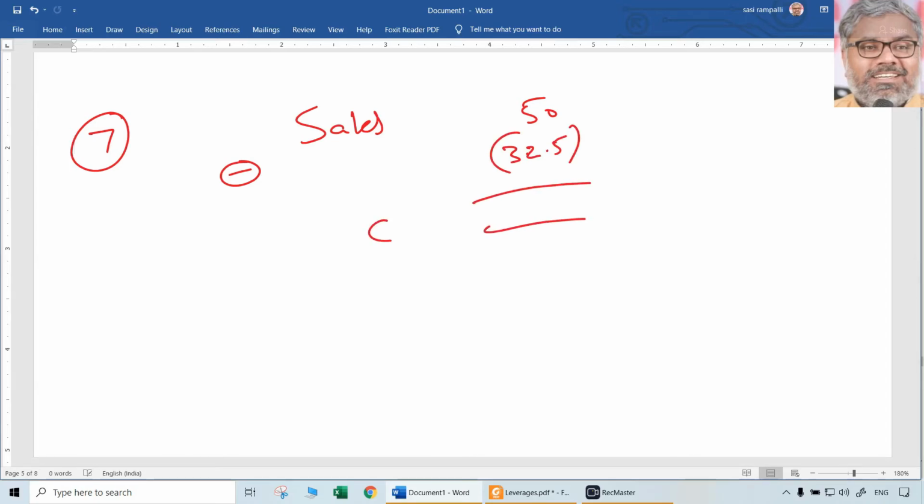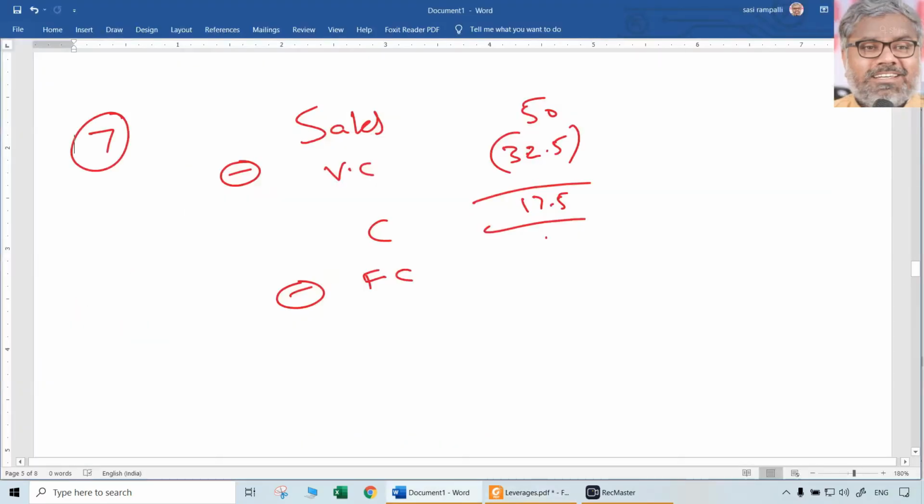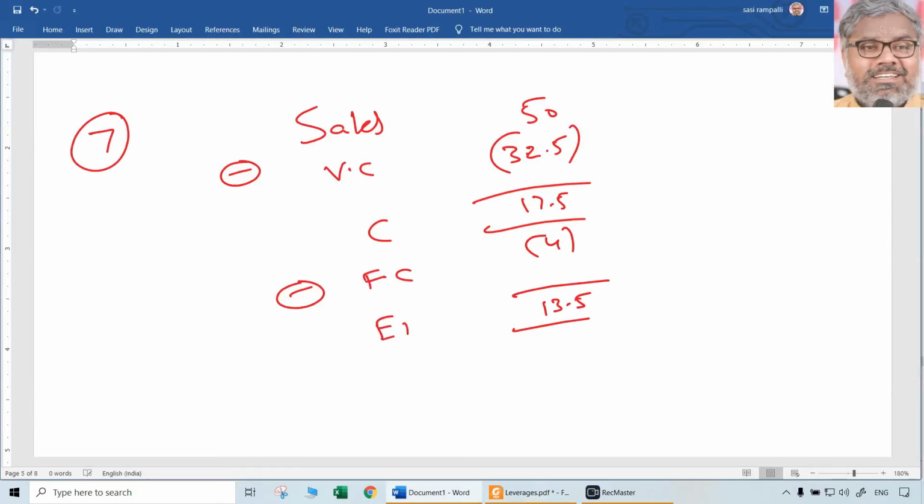So contribution is 17.5 crores. Then fixed costs. Fixed cost other than interest is 4 crores, that is given. So EBIT will be 13.5 crores, less interest.